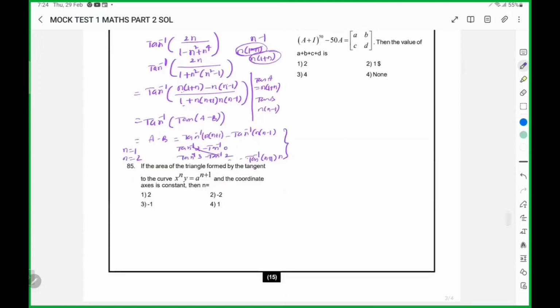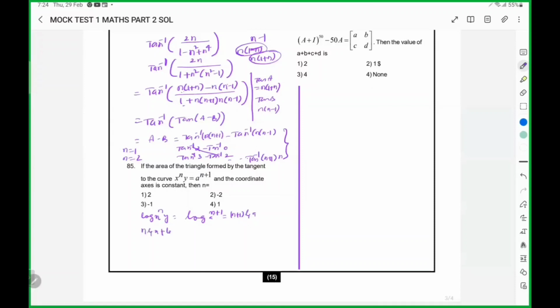Here, area of the triangle formed by the tangent to the curve. Take the log function: log a power n plus 1, which is n plus 1 log a.